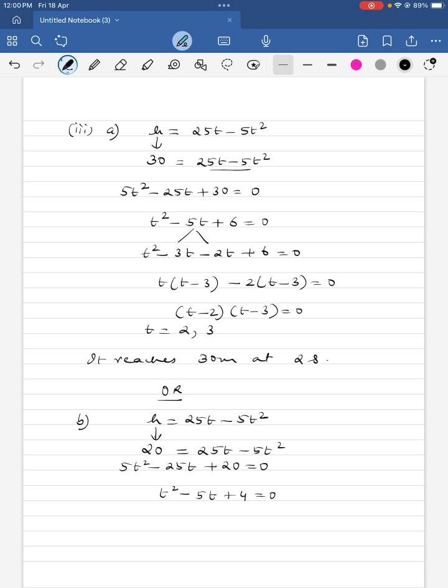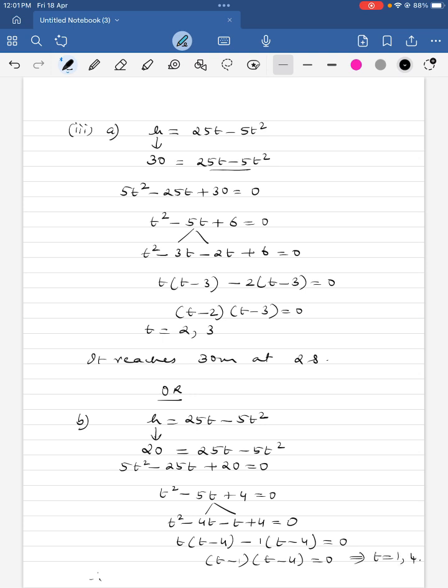Let me factorize this: t squared minus 4t minus t plus 4 equal to 0, after splitting the middle term. If I take out the common terms, t into t minus 4 minus 1 into t minus 4 equal to 0, or t minus 1 into t minus 4 equal to 0, which gives me the value of t as either 1 or 4.